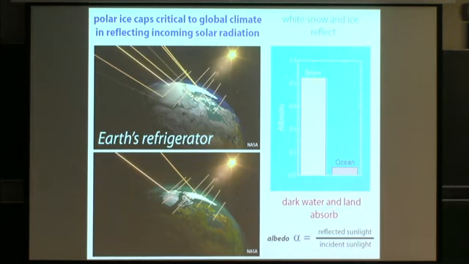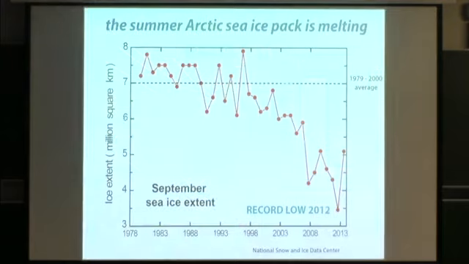Whereas white snow and ice reflect most of the incoming solar radiation, ocean water, or for example, meltwater sitting on the surface of Arctic sea ice, absorbs most of that incoming solar radiation. So one of the main roles is protecting the ocean from absorbing too much solar radiation. A lot of that gets reflected with a classic white polar ice cap, but as you start to lose that white polar ice cap, then a lot of that radiation is absorbed rather than reflected back into space.